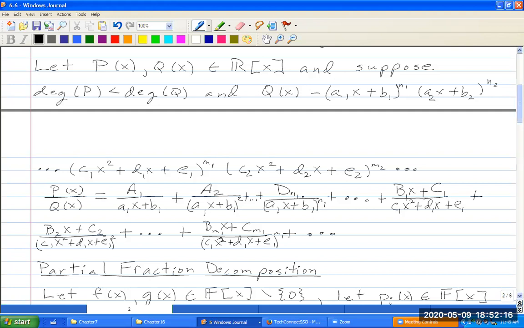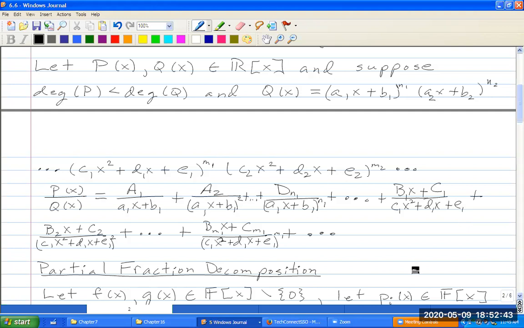Okay. Plus a whole bunch of other things of this type, plus (B1x plus C1) over (c1x squared plus d1x plus e1). That's a capital C, this is a lowercase c.